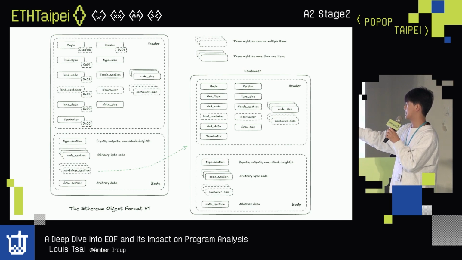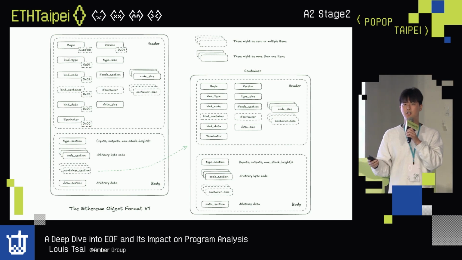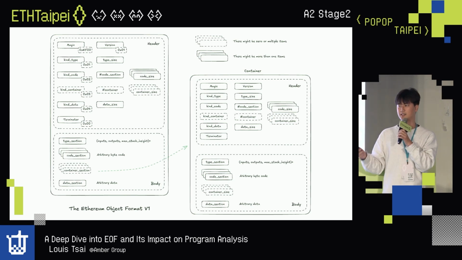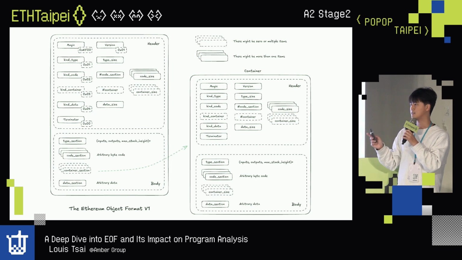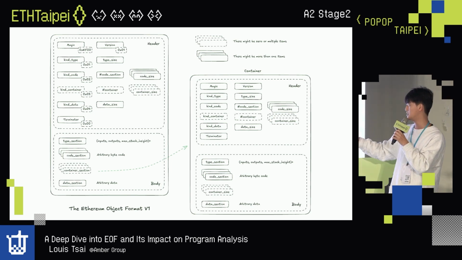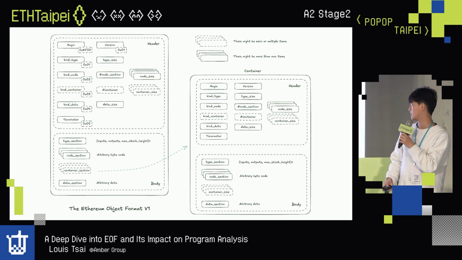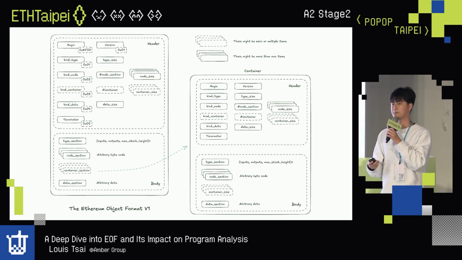It is interesting that an EOF compatible bytecode itself is a container. But here we could have nested containers. However, it is not a must. You could have 0 nested containers, or you could have multiple nested containers inside one container.